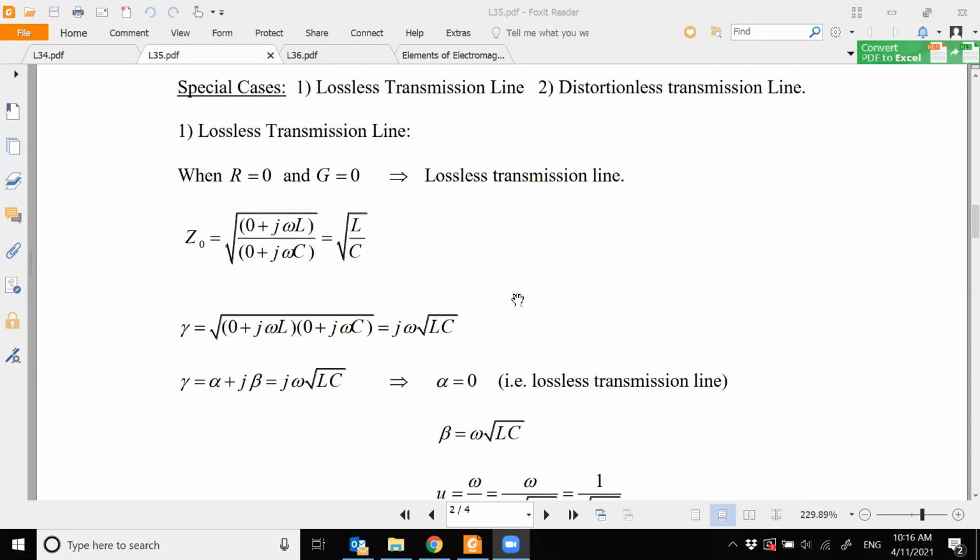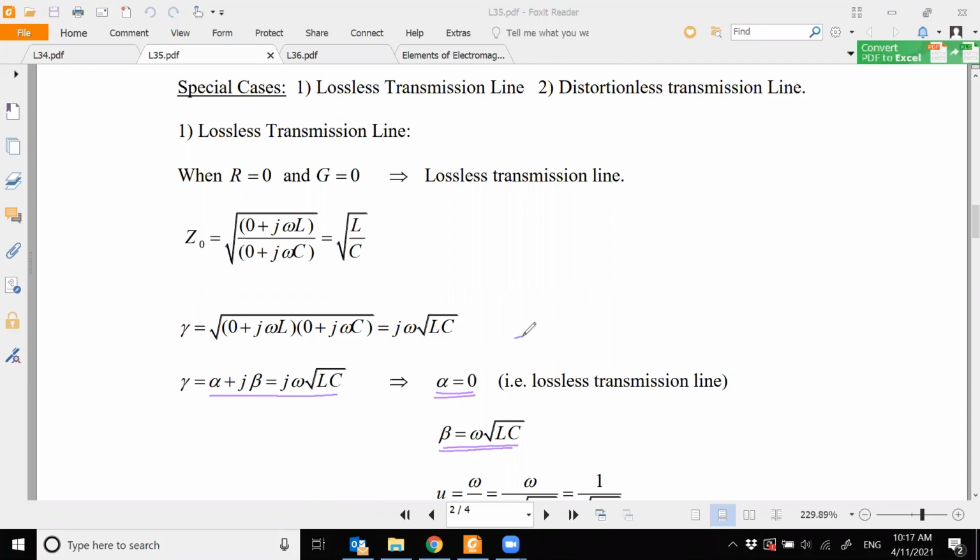LC. In that case, my gamma, which is alpha plus j beta, if I equate with j omega root of LC, what I'm seeing? I'm seeing my alpha is 0 and my beta is omega root of LC.